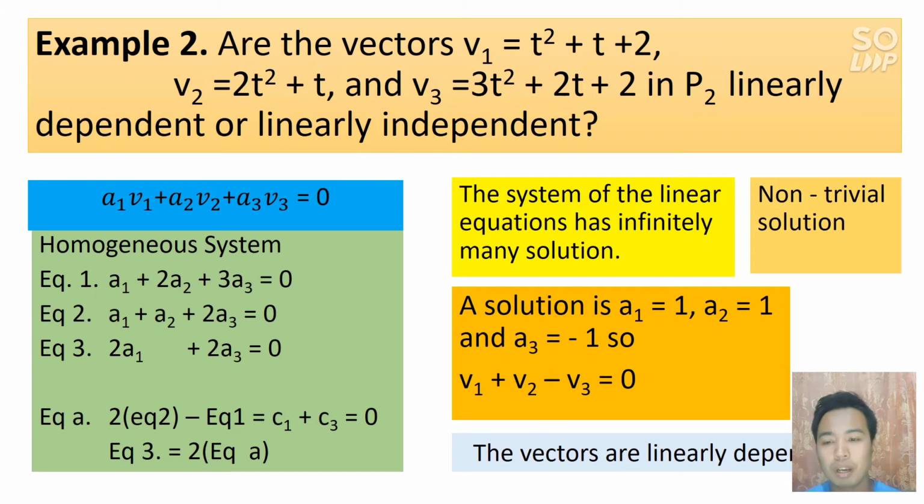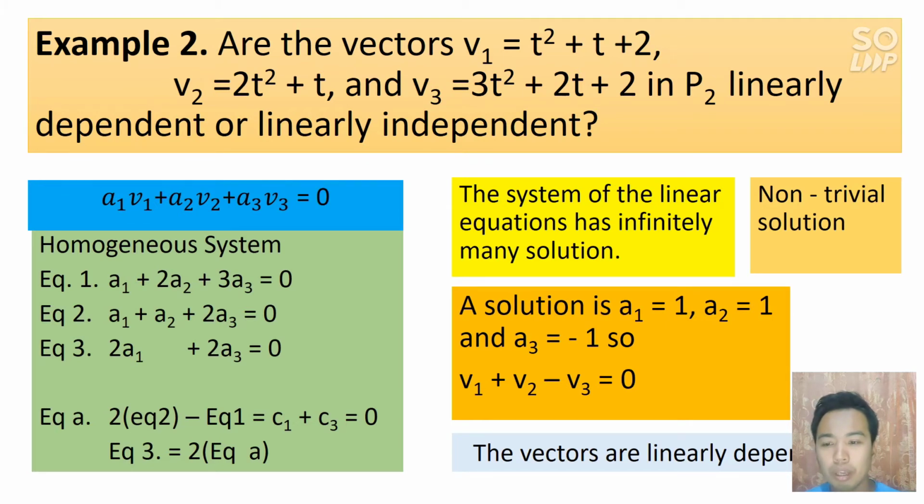So we have the following homogeneous system. We have equation 1 being formed by the coefficients of the terms with variable t squared.